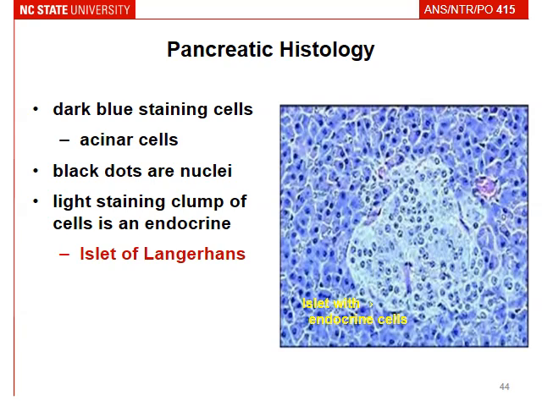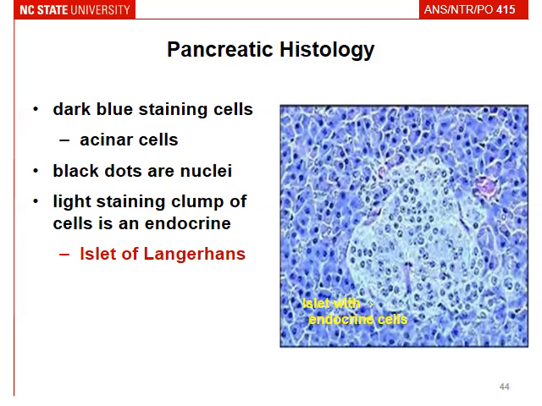So this is looking at the histology of the pancreas. The dark blue staining is the acinar cells. These are the cells that are secreting the enzymes, the zymogens, that are going to be utilized to help break down various feeds and feedstuffs.